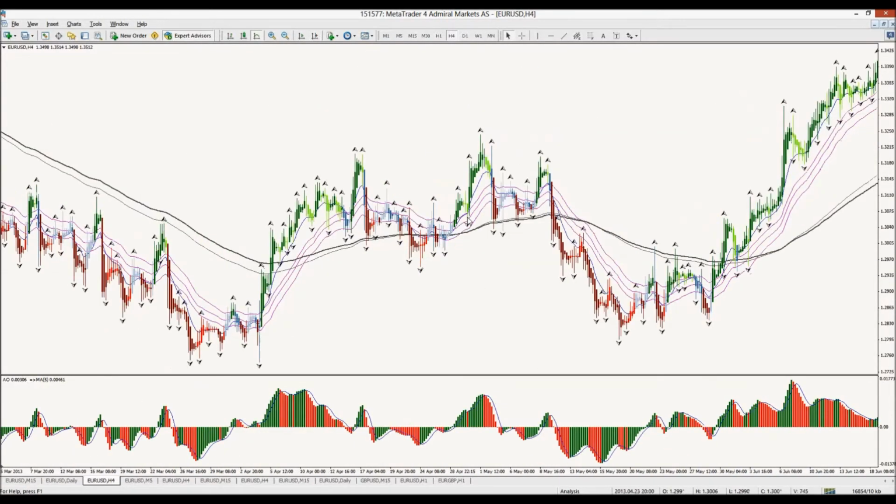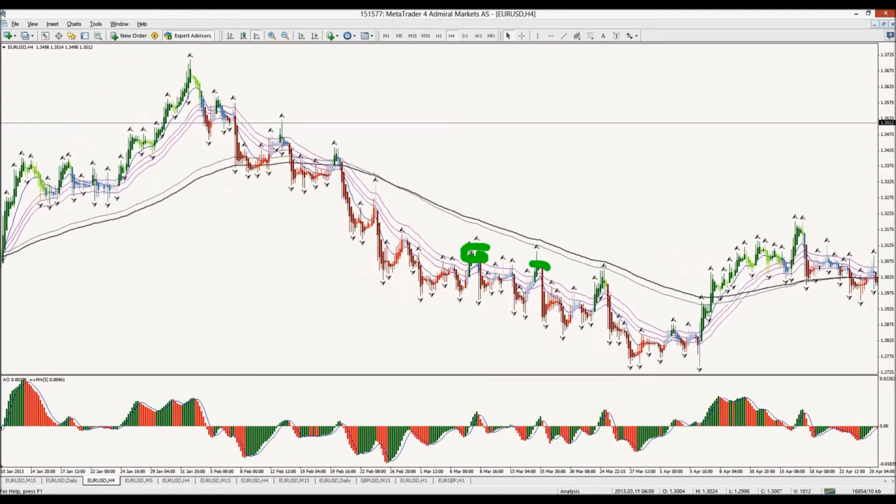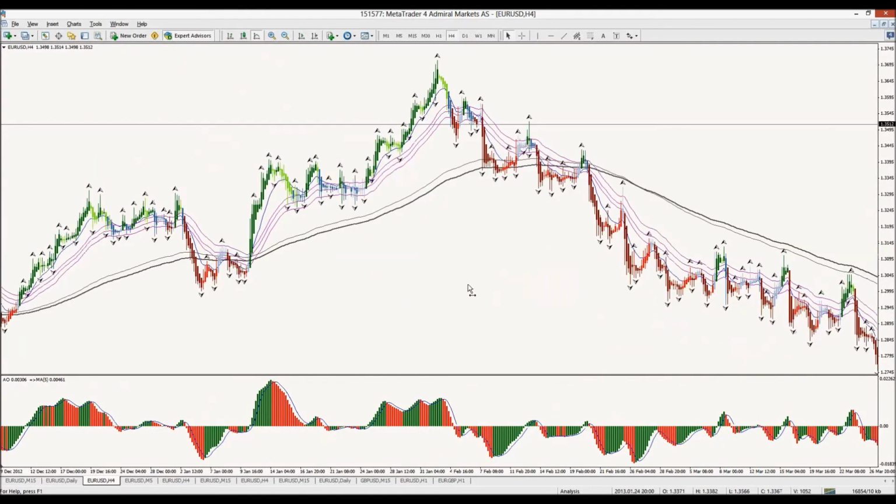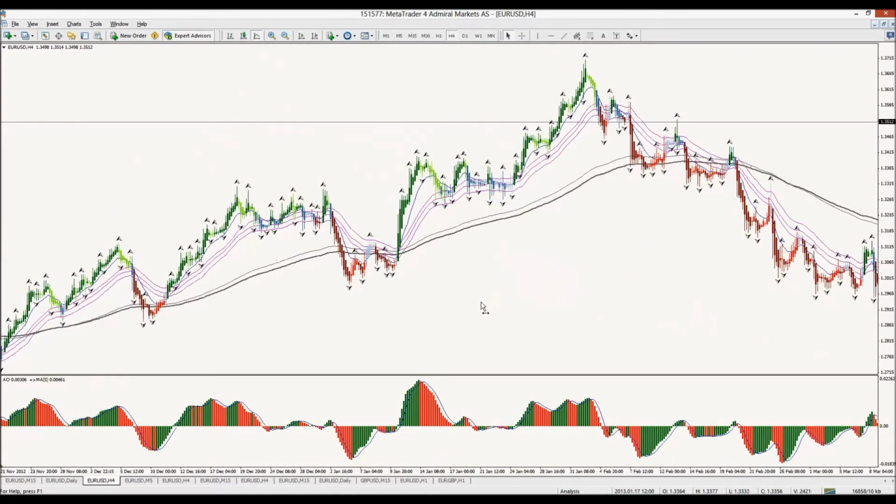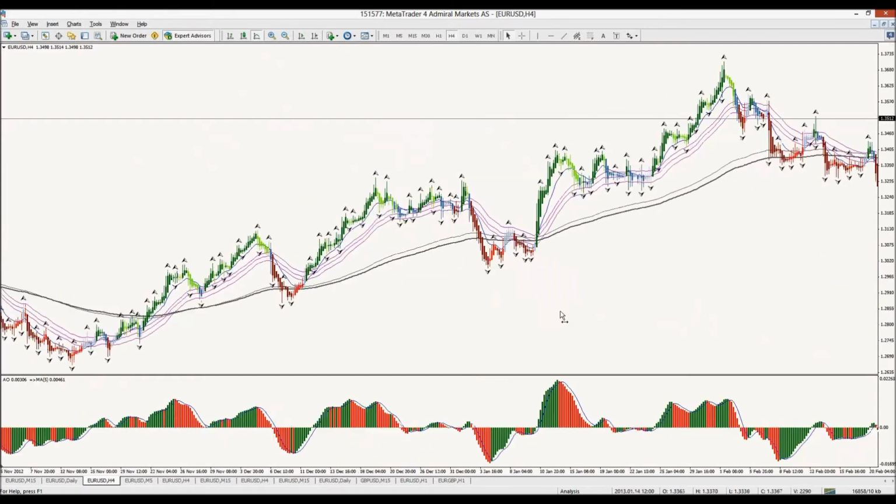You can see that although the price breaks above the pink band here, it's still below the gray band and well set within that downtrend. So that's why both the pink and the gray band are on this chart.